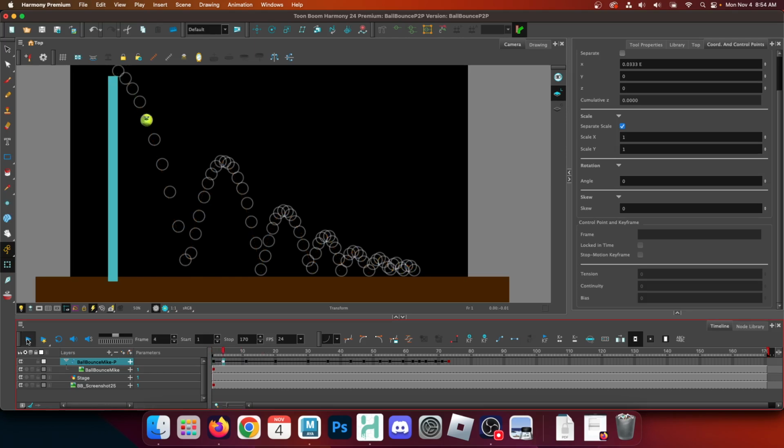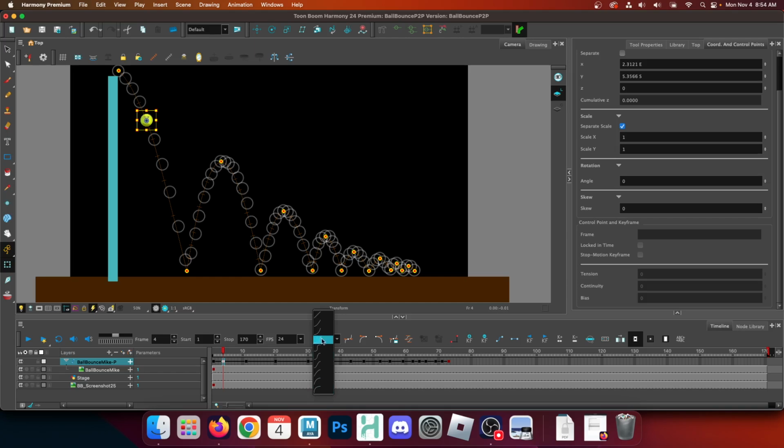If I play this now, you can see it looks kind of goofy because I chose the maximum slow in, so it rapidly slows down here for a second. So keep that in mind. Oh, and let me show you the opposite before I move forward.